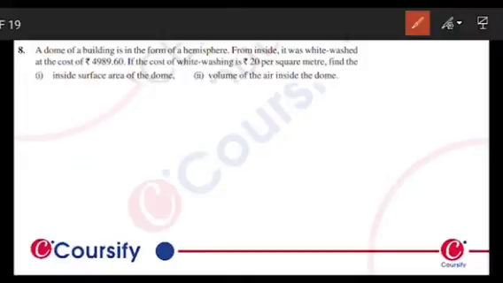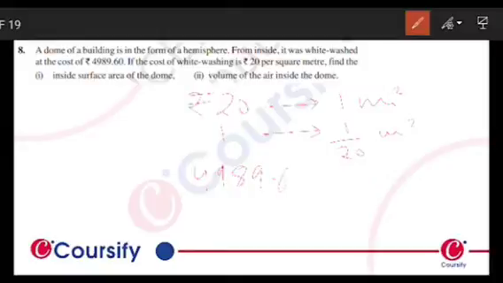So it is given that for 20 rupees we get the whitewashing done on 1 meter square of area. So for 1 rupee we'll get it done on 1 by 20 meter square, and we have spent 4989.60 rupees for whitewashing, and that amount will give us the area, which is 4989.6 divided by 20.